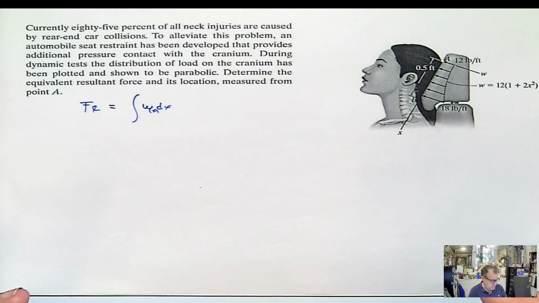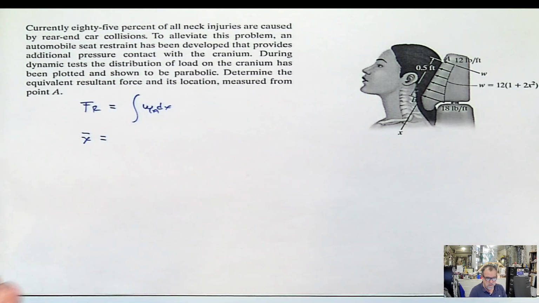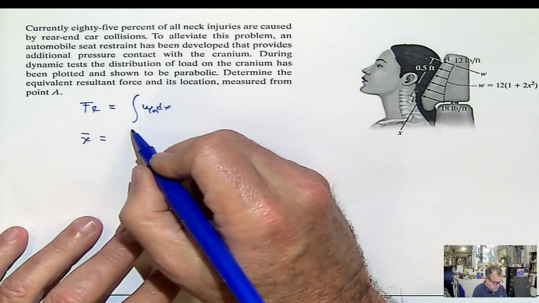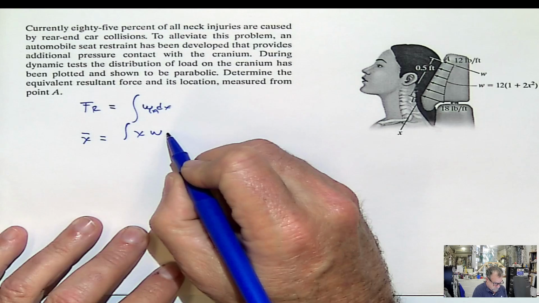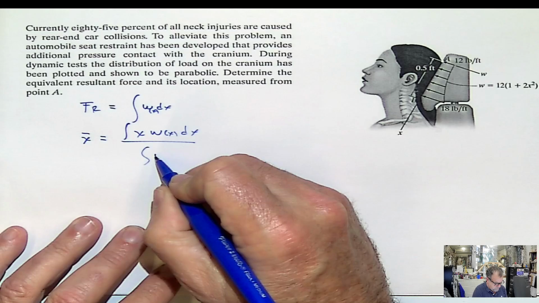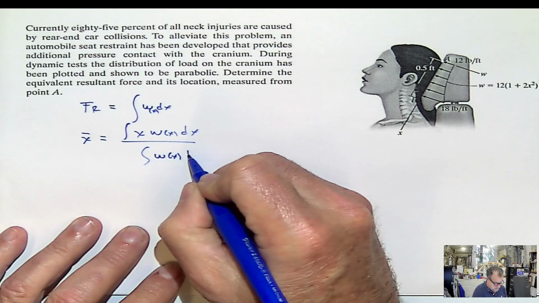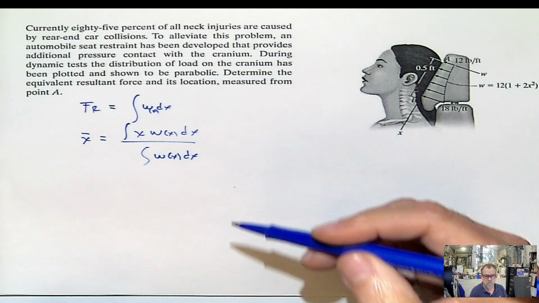And the location, which is coming from the moment equation, is basically the integral of x w(x) dx divided by the integral of w(x) dx. That's basically what it is. But you should know this beforehand, of course.